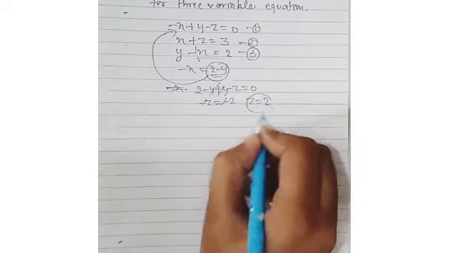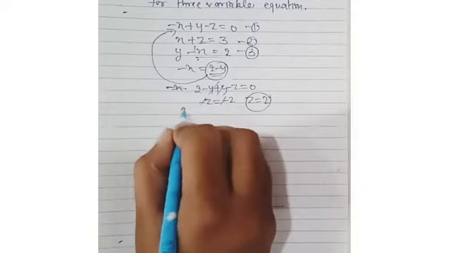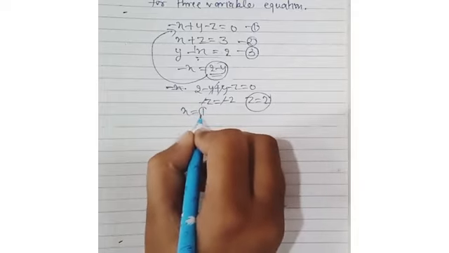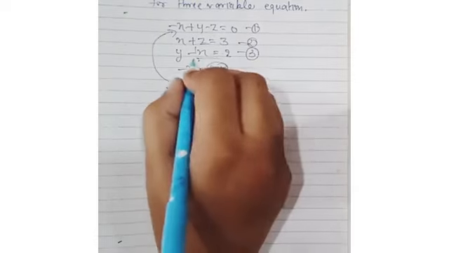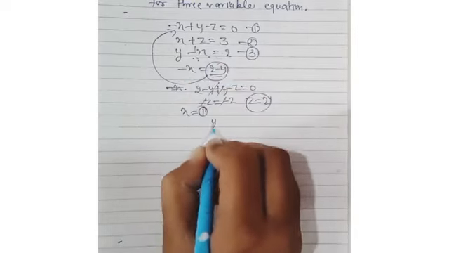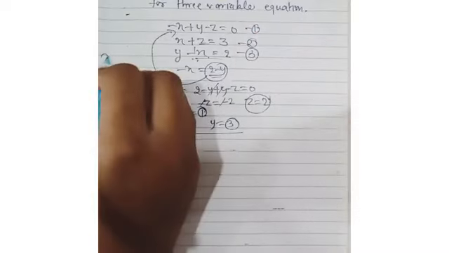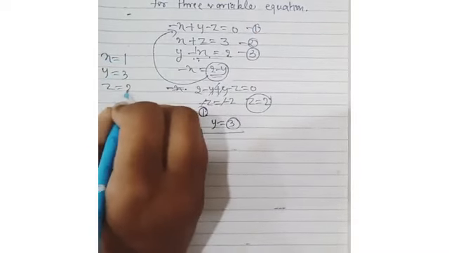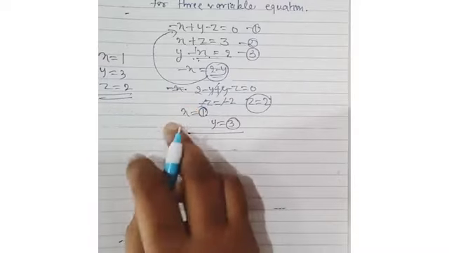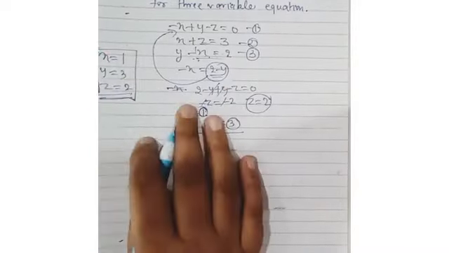If I put the value of z here, I will get the value of x, and x equal to 1. And if I put the value of x here, I will get y equal to 3. So I get the value of x is 1, y is 3, and z is 2. So this is the value that we are going to get there.